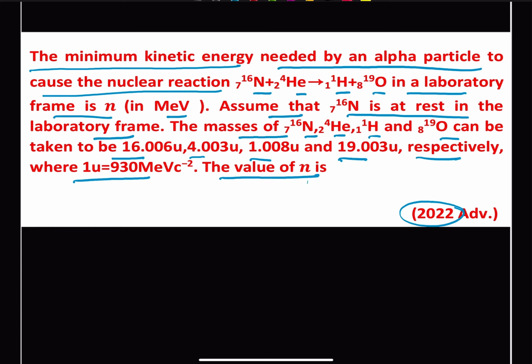So N is nothing but a representation of our kinetic energy. So we are supposed to find out what will be the kinetic energy or minimum kinetic energy, and that is for our alpha particle. Alpha particle is nothing but our helium particle.